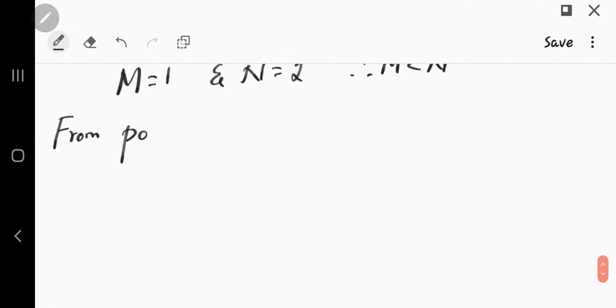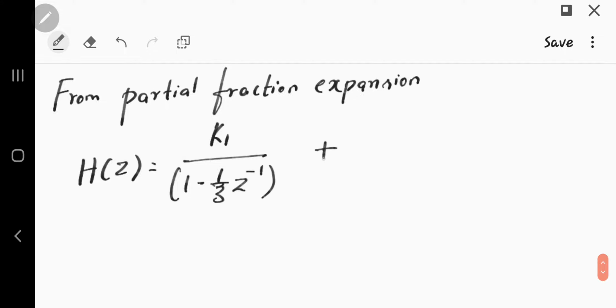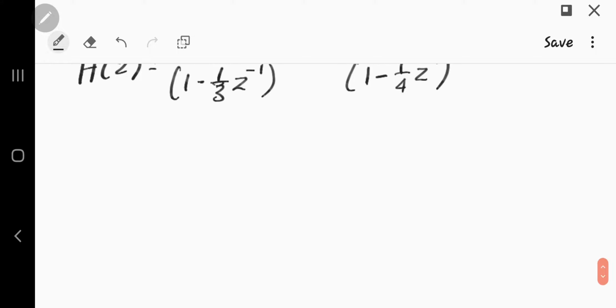From partial fraction expansion, we can write h of z is equal to k1 divided by 1 minus 1 by 3 z inverse plus k2 divided by 1 minus 1 by 4 z inverse.